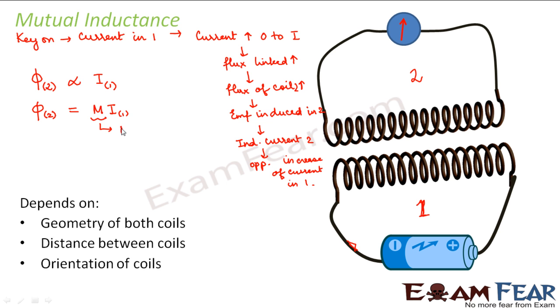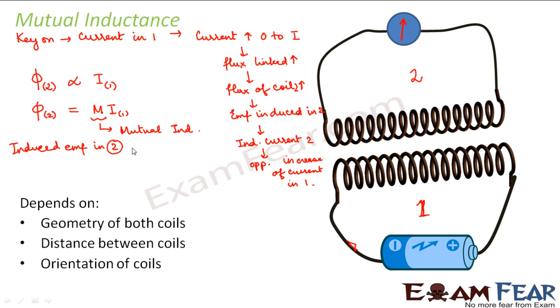This constant of proportionality is known as mutual inductance. In this case, you can see that the flux of one coil is varying proportionally with the current in the neighboring coil, right? Therefore, what will be the induced EMF?